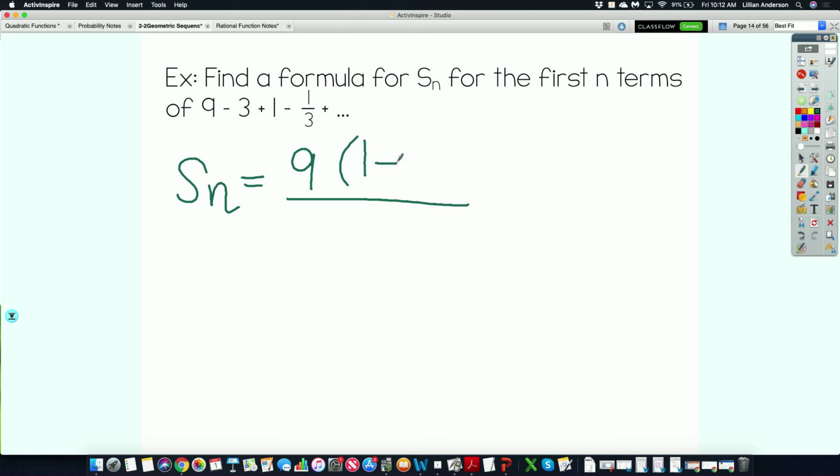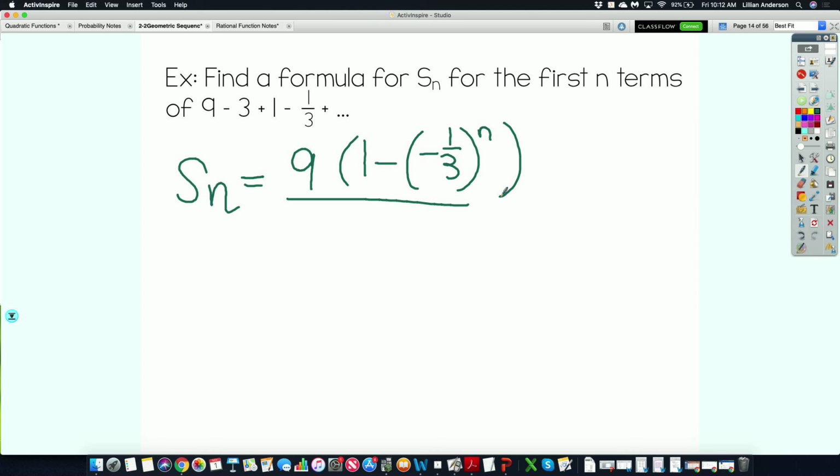Since I do have a negative 1/3, I'm going to put that into parentheses. And then that gets raised to what? To n. Just to n. Okay? Now, am I going to make this into a positive?